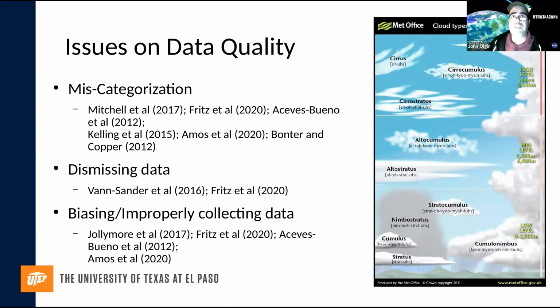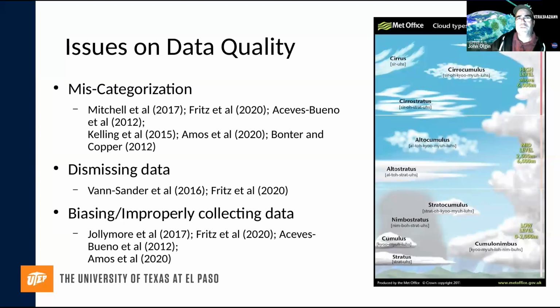Sometimes the data is incomplete or non-existent, or we know that somebody collected data, but then they forget to hit the send button, or they hit send but didn't check all the boxes to make the whole data set complete. And that also goes toward the last part, which is biasing and properly collecting data. Some people might have in their mind, oh, that bird is definitely a pigeon, but then everything they see is a pigeon, and that doesn't quite work.